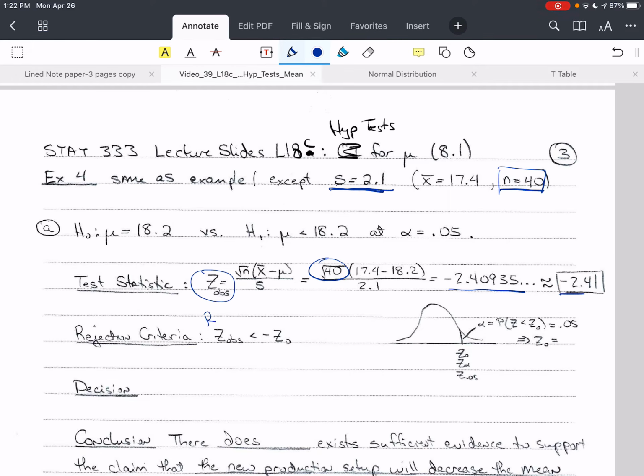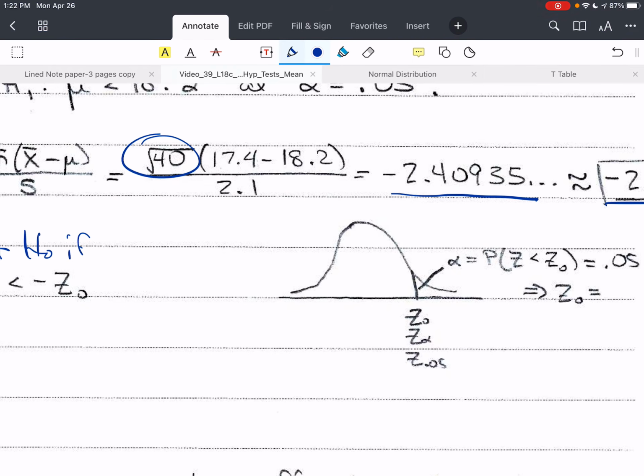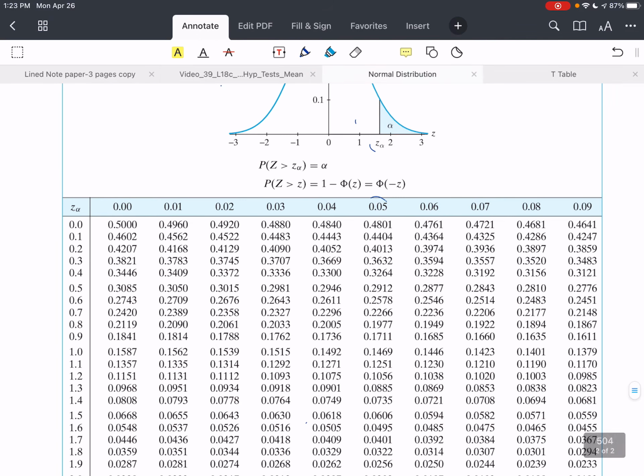So we're still going to reject H naught if z observed is less than negative z naught. This is still a one-sided test, so z naught is going to be z sub alpha in this case, because we have just a one-sided or one-tailed test. And alpha, we said, was 0.05. So in order to get this, we go to our normal table.